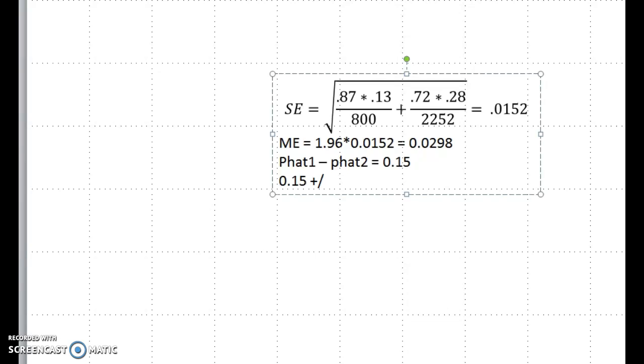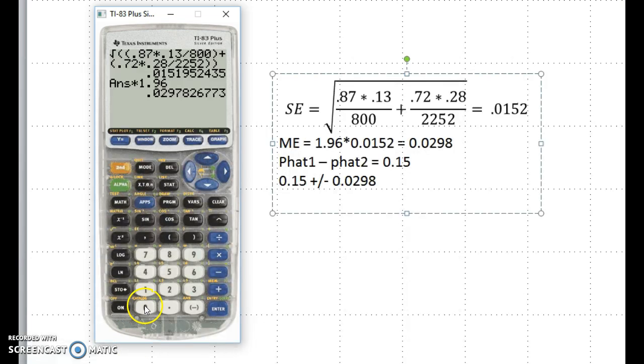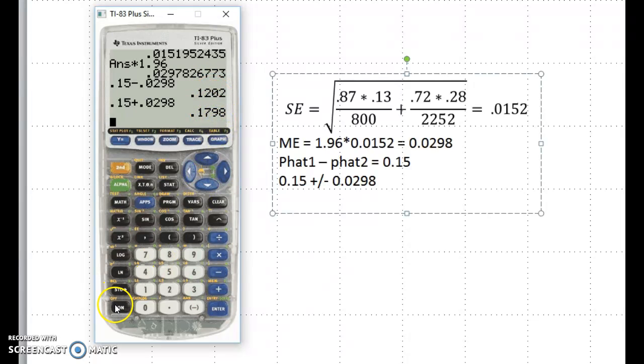How about this way, plus slash minus, okay, plus or minus 0.0298. Calculator time. 0.15 minus 0.0298. 0.15 plus 0.0298. So again, I'm looking between 12 and 18%. Phew, it worked. All right, good luck.